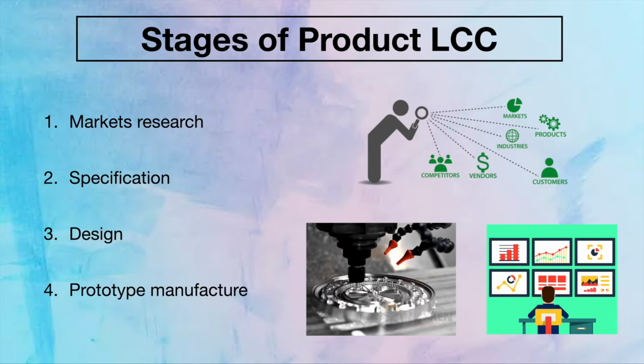Next is specification. That means I really need to be specific about certain details, right? What is the life of the product? What is the maximum cost I can incur on a product, or what is the manufacturing cost involved? When should I deliver the product? What is the delivery date by which I need to sell the product?